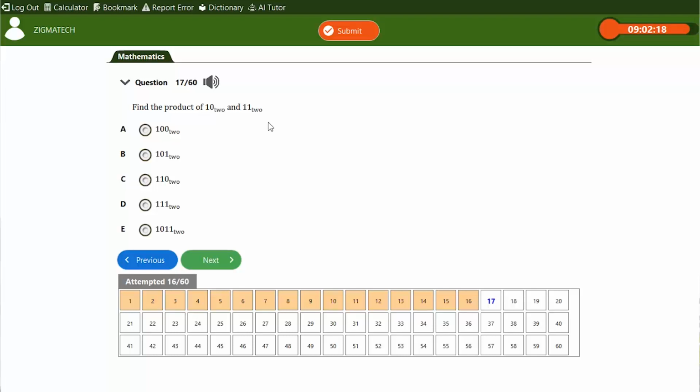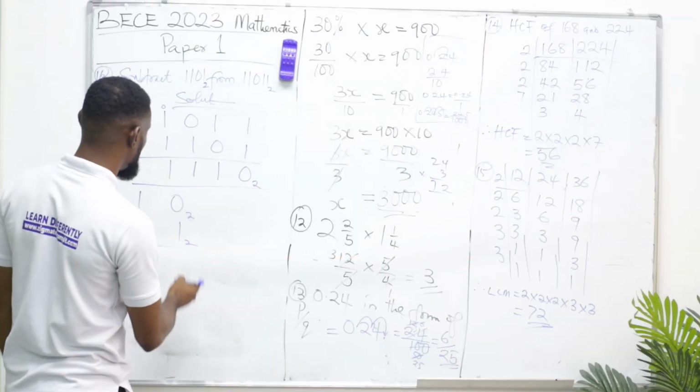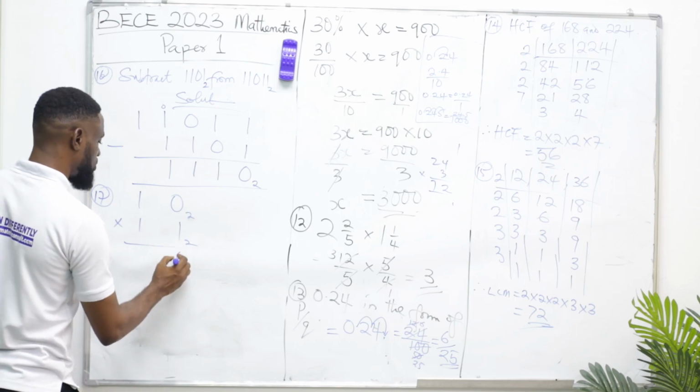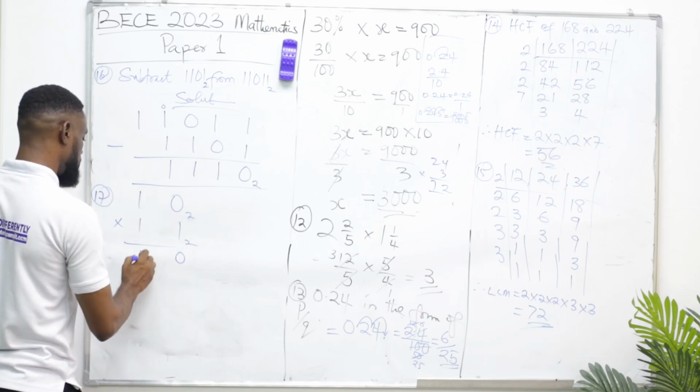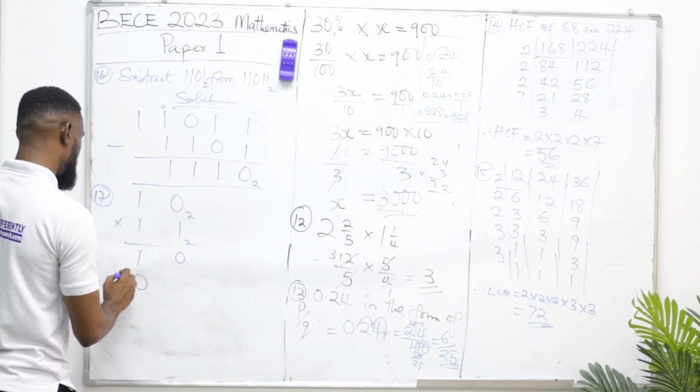All right. So number 17, they say we should find the product. Product is multiplication. So we are doing 1 0 in base 2 times 1 1 also in base 2. So this is what we are doing, all right? The multiplication you know. 1 times 0 is, of course, 0. 1 times 1 is 1. 1 times 0, of course, 0. 1 times 1 is 1.